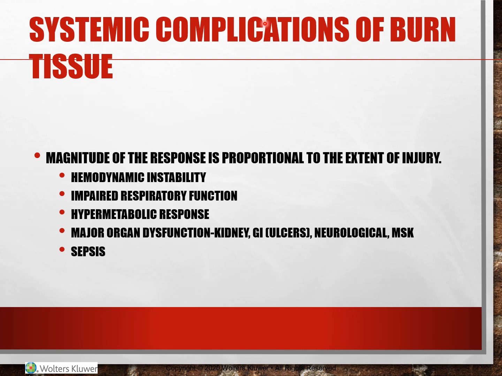And the amount of fluid lost is directly related to the amount of skin damage. So how deep those burns are and how extensive they are throughout the body. And that overall significant loss of fluid can lead to hypovolemic shock if that fluid volume loss is significant enough.